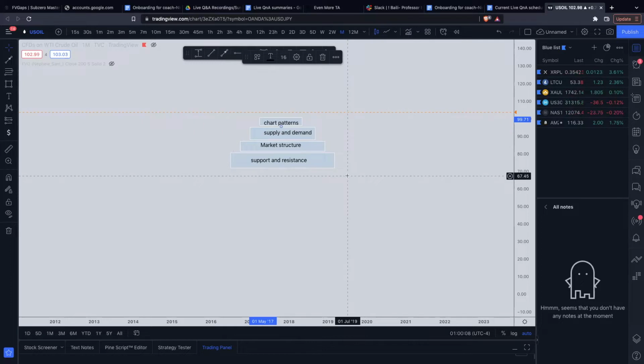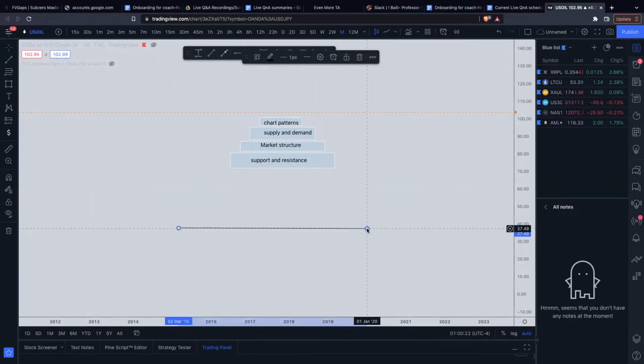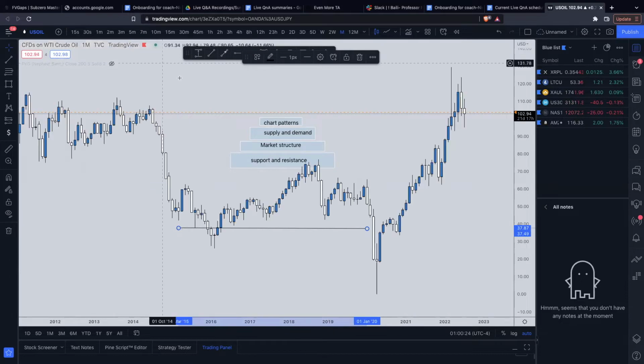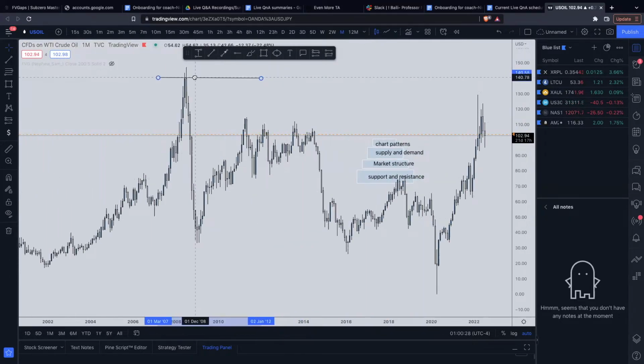But in any event, I did this little pyramid here to give you guys an understanding of what we're looking at. When it comes to TA, your foundation is going to be support and resistance, which is just floors and ceilings. For those of you that don't know, it's a level of support and a level of resistance. If we take a look at oil, we have resistance here, those ceilings, and then support is the floor, right?